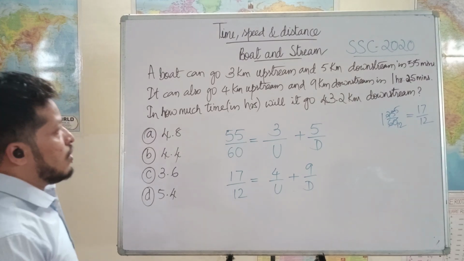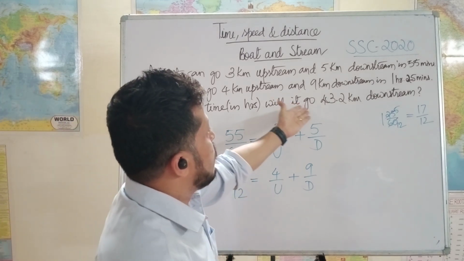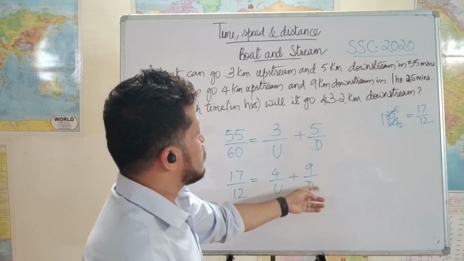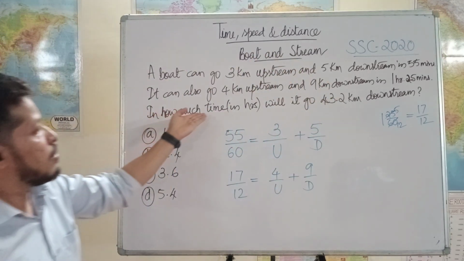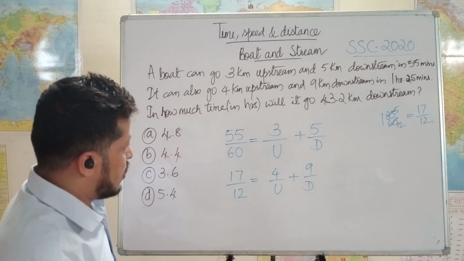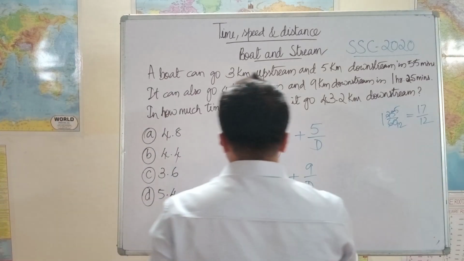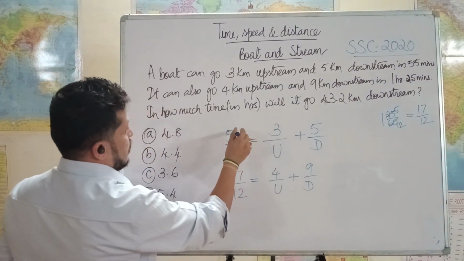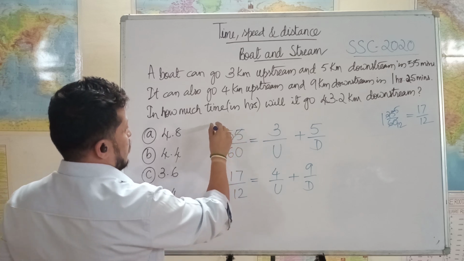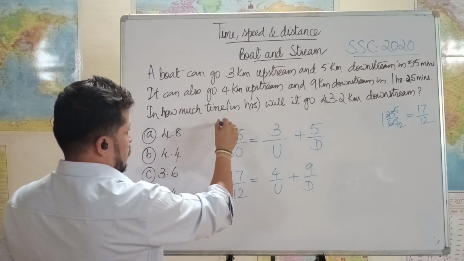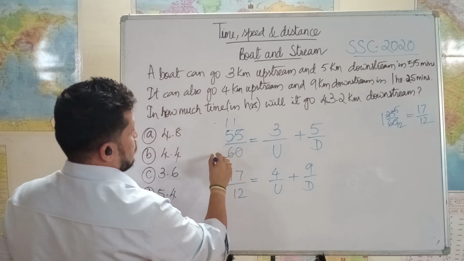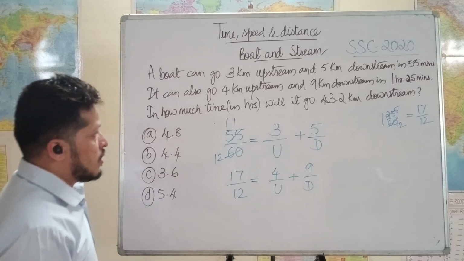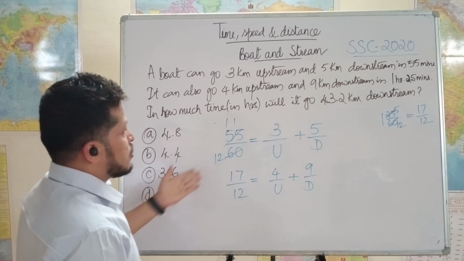Okay. Now, if we get the value of downstream speed, then I can directly get the answer about the time. We have two equations. This, if we simplify, 55 by 60 is 11 by 12. 11 by 12 is equal to this.